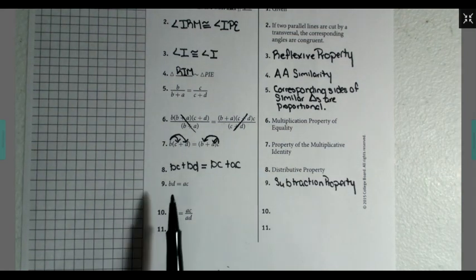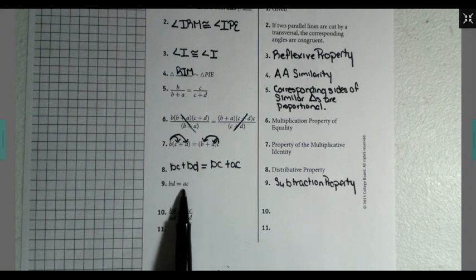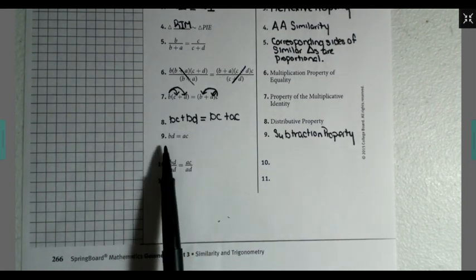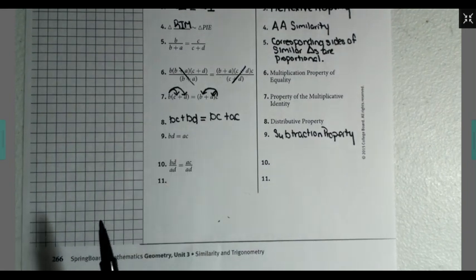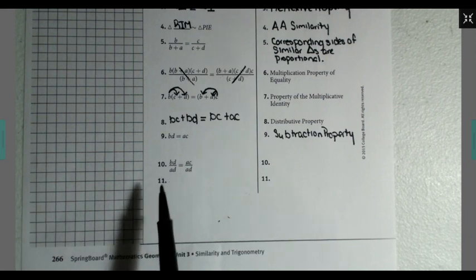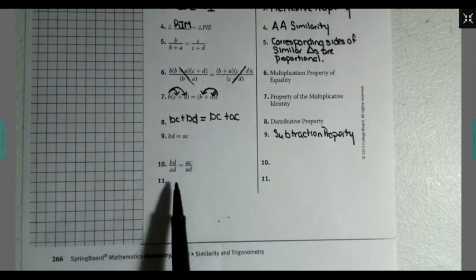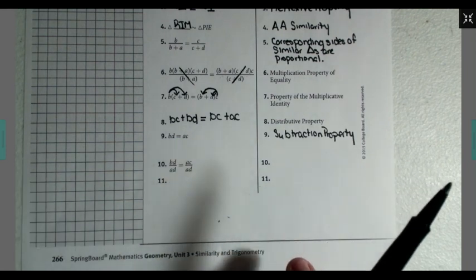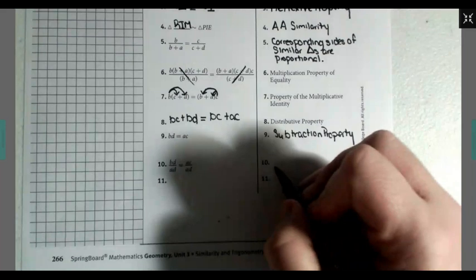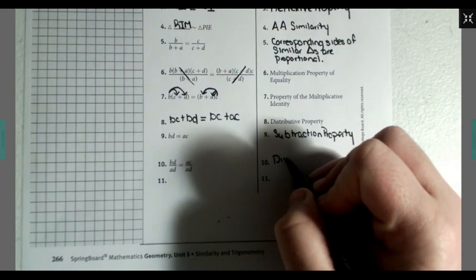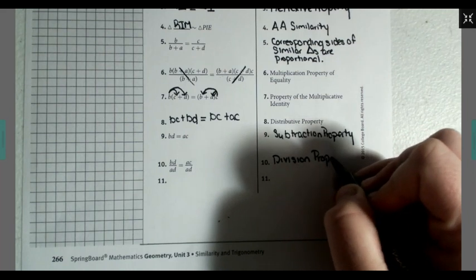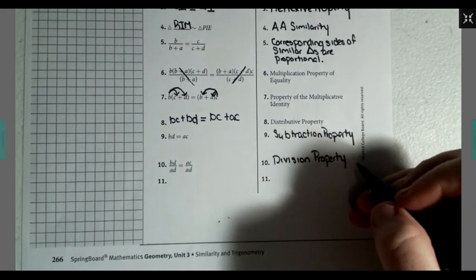Now, here they said BD equals AC. And in step 10, they divided both sides by AD. Now, they divided both sides by AD, and this is just a division property of equality. I'm dividing by the same thing on both sides.